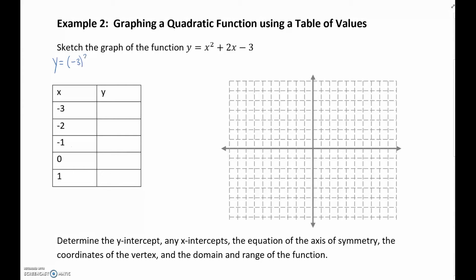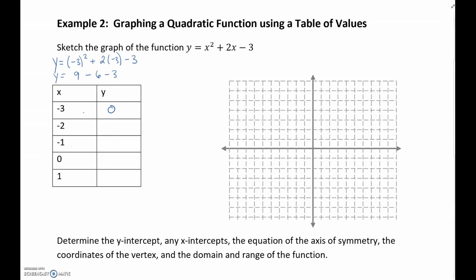So I've got -3 squared plus 2 times -3, subtract 3. Evaluate this. I've got +9 minus 6 minus 3, and that would give us 0 for our first one.